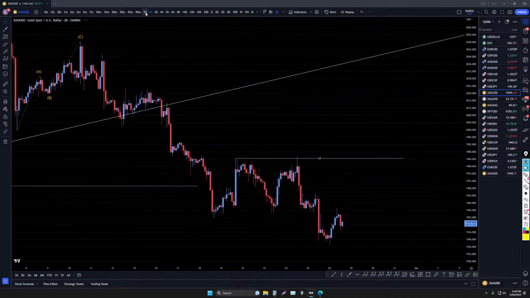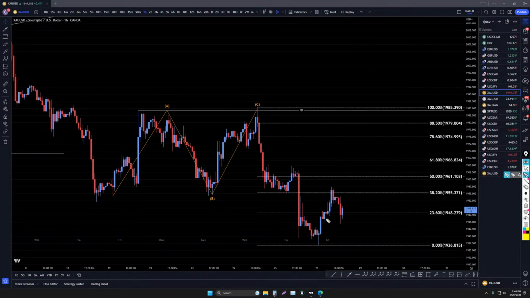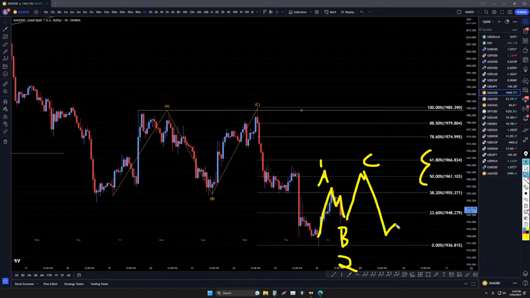Let's head back down to the 1-hour time frame. Now, the gold really looks like either a wave A or possibly a wave 1. This looks like it's making 3 waves down, either a wave B or possibly a wave 2. Then it really looks like it could go up and either make a C, which would end up looking something like that and then continue the downtrend, or it's going to make a wave 3.